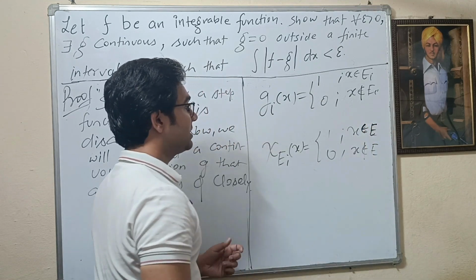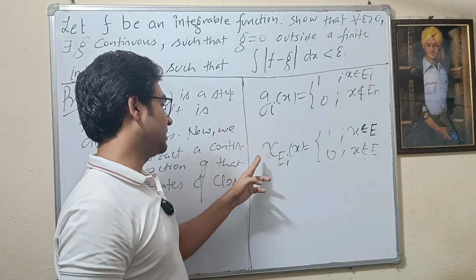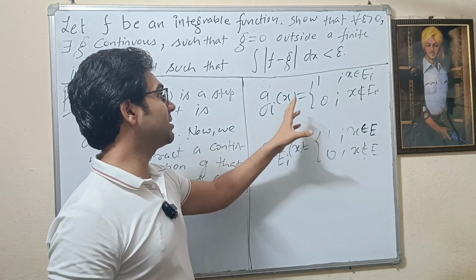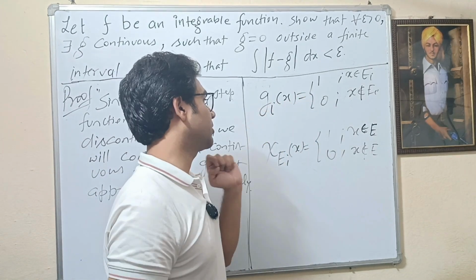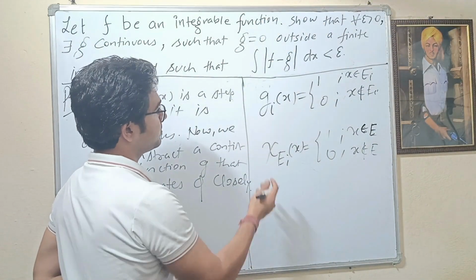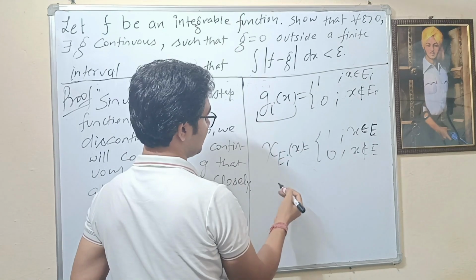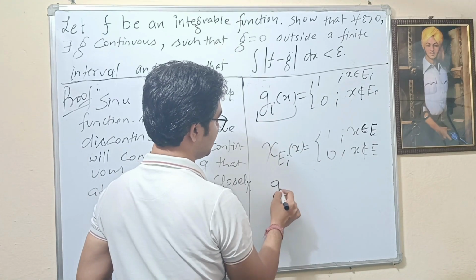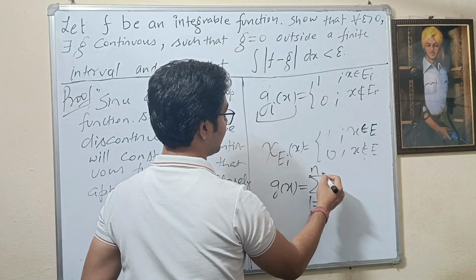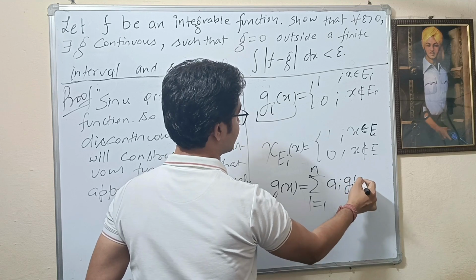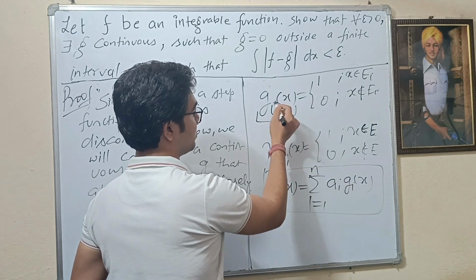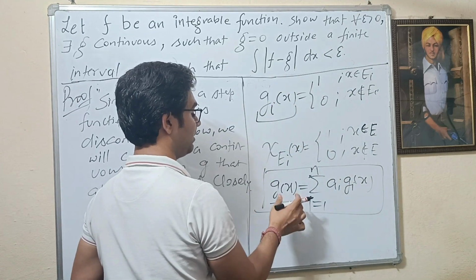So the only difference between g_i(x) and the characteristic function is the transitioning of the function on the boundary. That's the only difference. So g(x) will be the summation, i from 1 to n, a_i g_i(x). This finite linear combination of these bump functions will be our g(x).